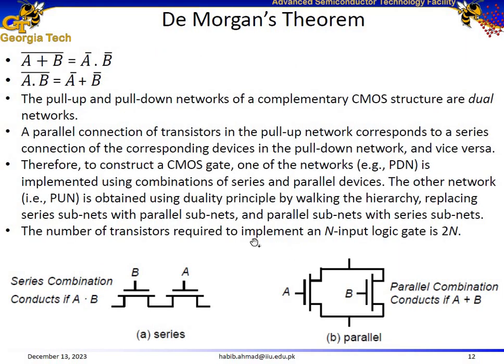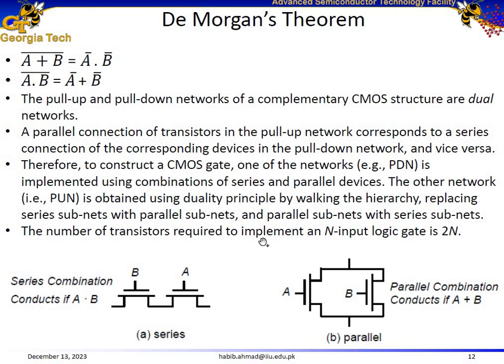The PMOS transistors connected in series correspond to an OR function, and the PMOS transistors connected in parallel correspond to an AND function. That is from duality principle, because from De Morgan's theorem we know that (A or B) whole complement is equal to A complement and B complement. (A and B) whole complement is equal to A complement or B complement.